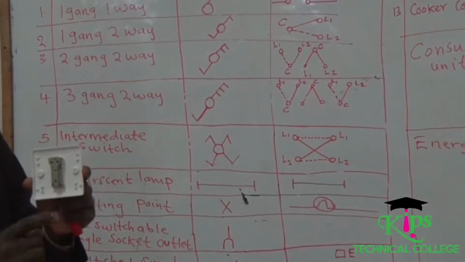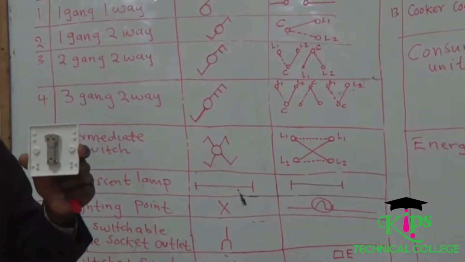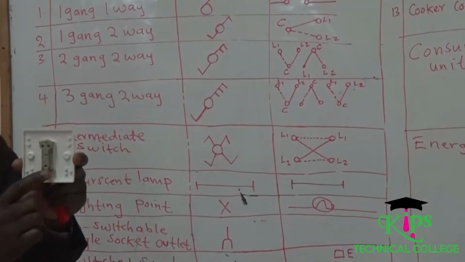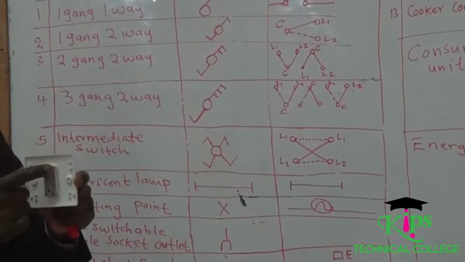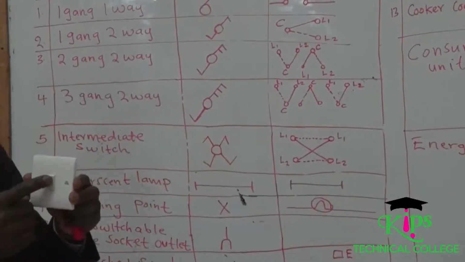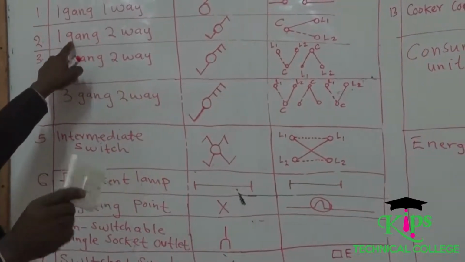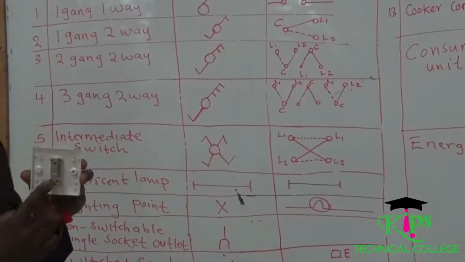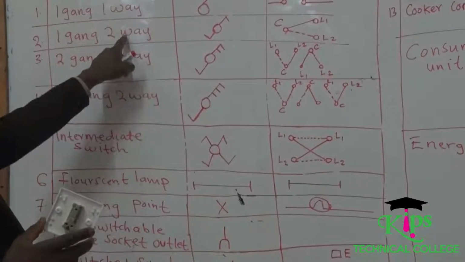But for a two-way, you can see this hole and this hole are all functional. This one is called the common, this one is line 1, and this one is line 2. From outside you only have one button, that is why it's called one gang, but inside we have three holes which are functional, that is why it is called a two-way.